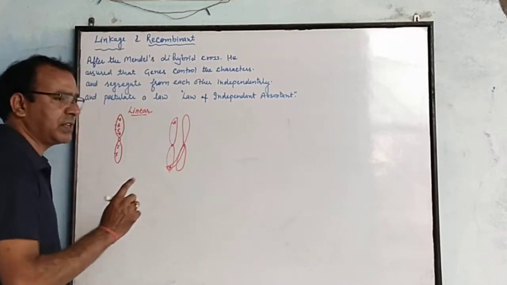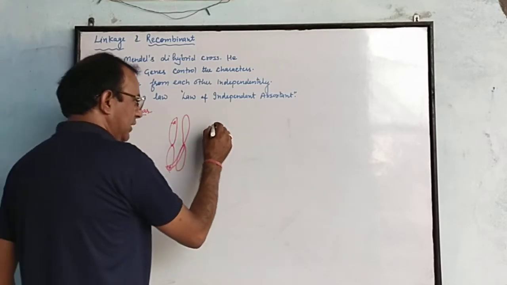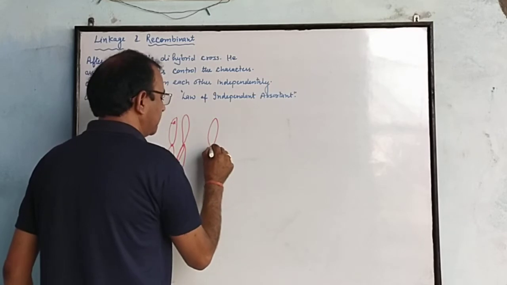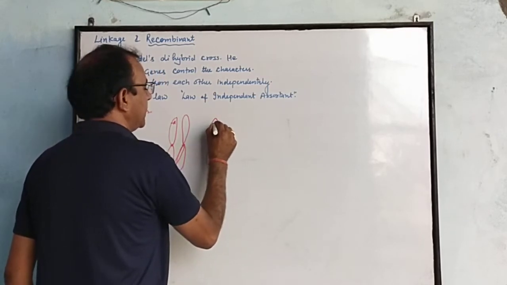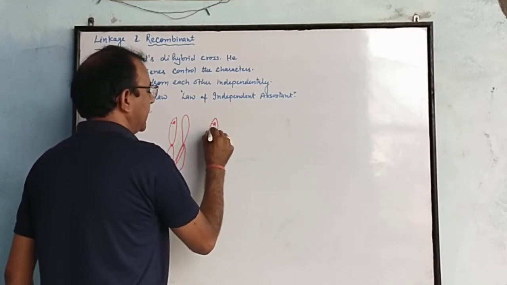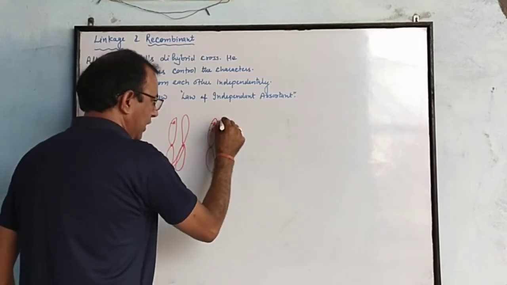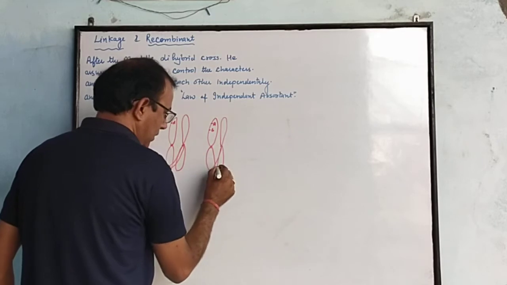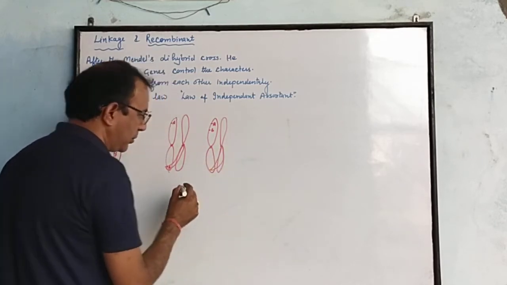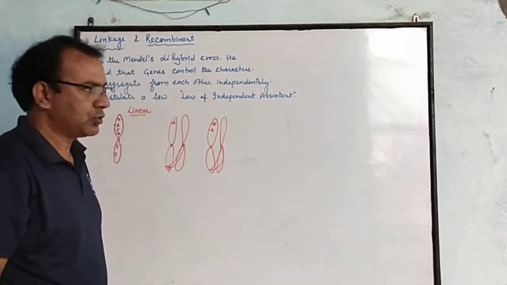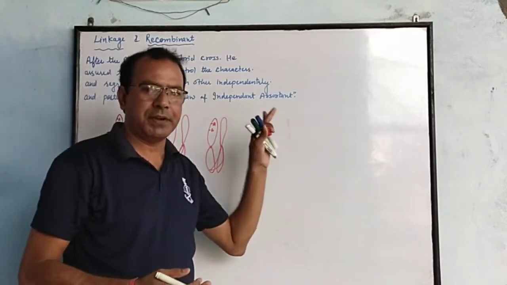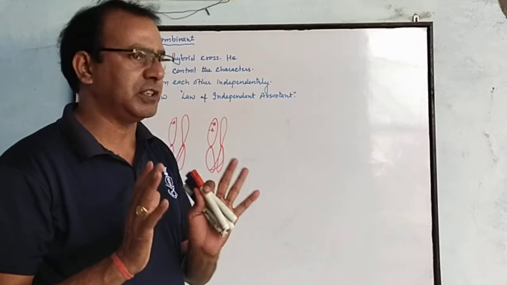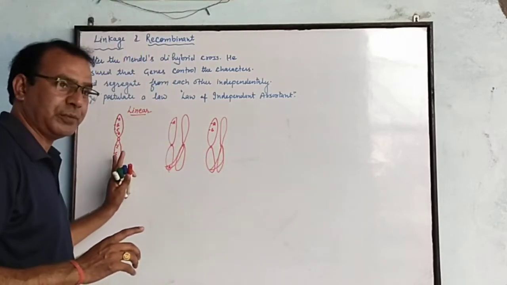This is the chance of segregation. If the genes are located closely on the chromosome, one here and the second right next to it, then during the crossing process there is no chance of segregation, because there is no gap between them. So after the law of independent assortment, Mendel showed that genes segregate from each other every time, but this is not sure.